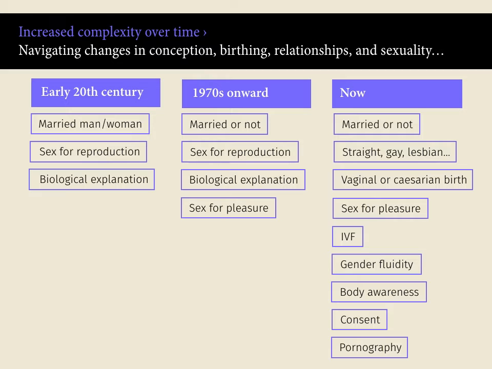From the 1970s onwards, ideas of sexual pleasure were also introduced. In contemporary society, new ways of conceiving and giving birth have changed the story of how babies are made, and a myriad of new family structures and diverse views on gender have increased the complexity of the possible stories that need to be told. Other issues such as body awareness, questions of consent, pleasure, relationships, and pornography also need to be addressed.